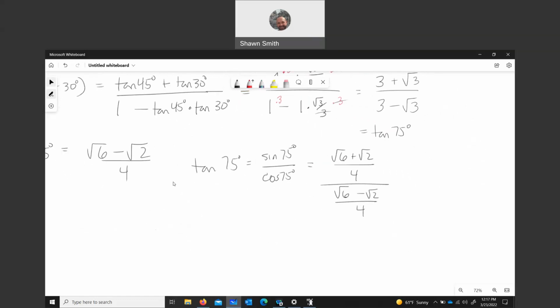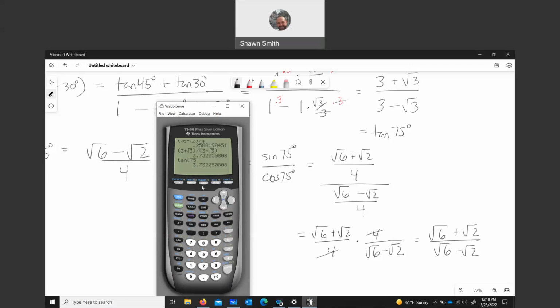You do the arithmetic. Instead of division, now it's multiplication, right, of the reciprocal at the bottom. Those fours cancel, leaving the square root of 6 plus the square root of 2 all over the square root of 6 minus the square root of 2. And you might be like, that doesn't look anything like 3 plus the square root of 3. Verify in the calculator too.